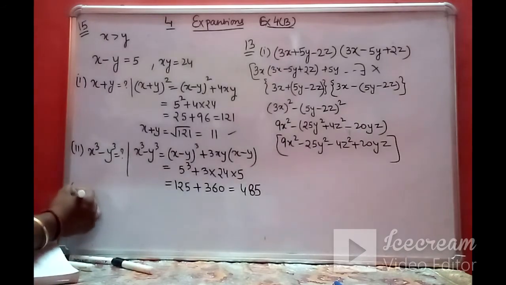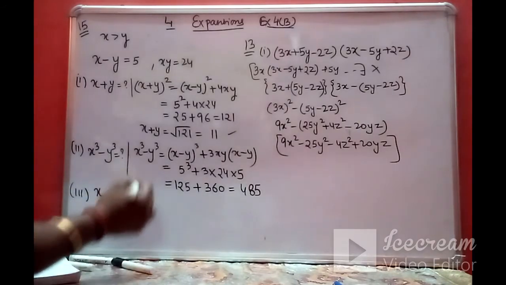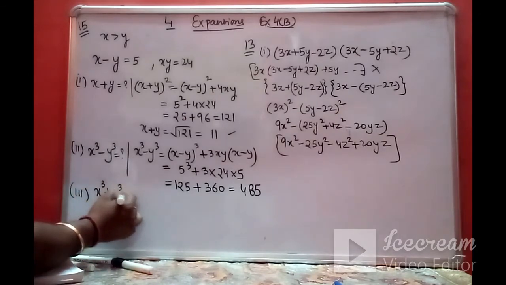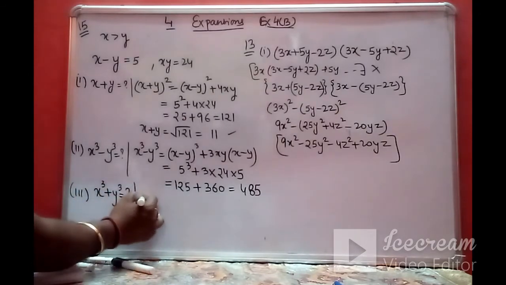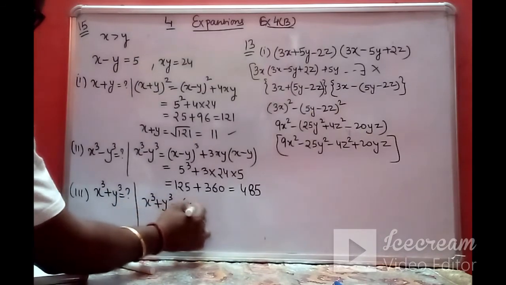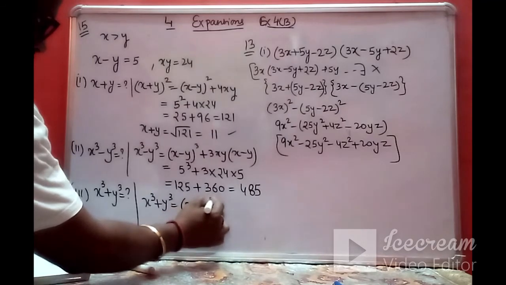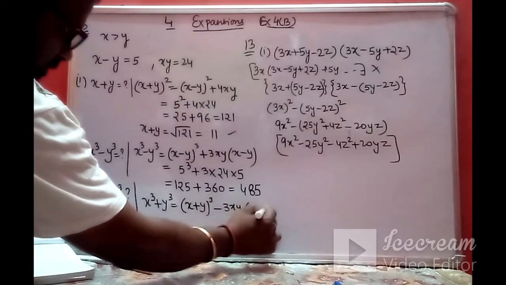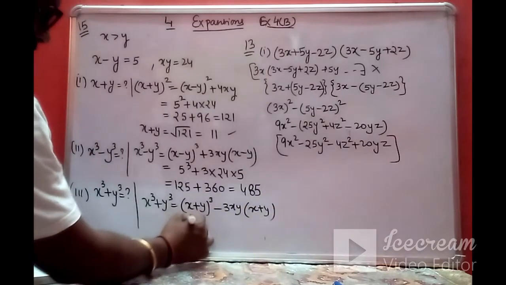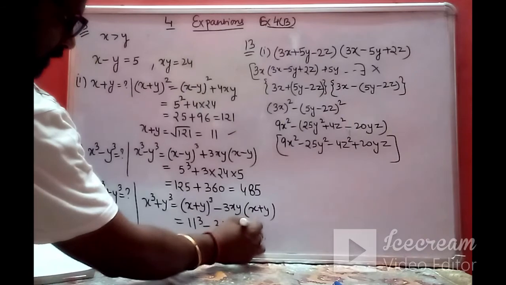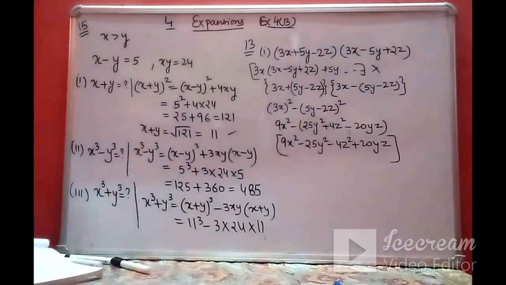In the third part, the sum of their cubes. So x cube plus y cube we have to find. Similarly, what is x cube plus y cube? (x plus y) whole cube, and now here it comes minus 3xy into (x plus y). So this is 11 cube minus 3 into 24 into 11.